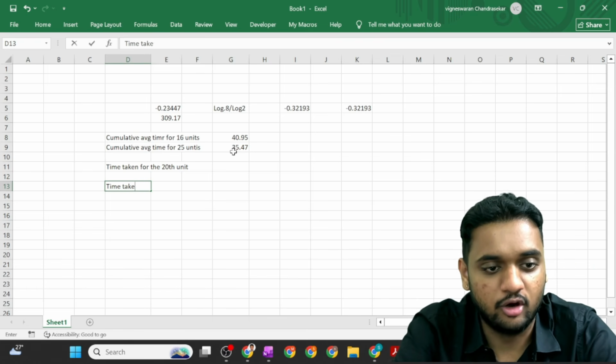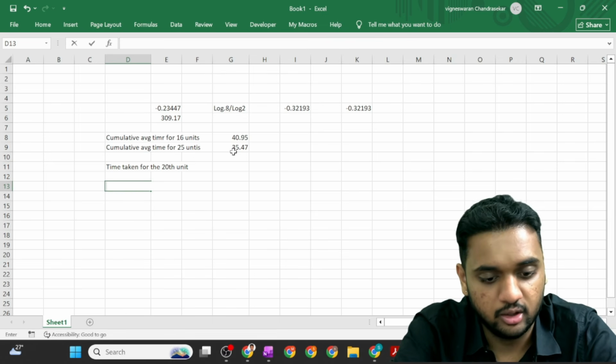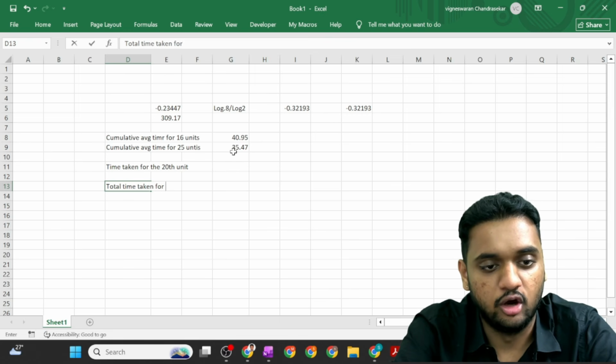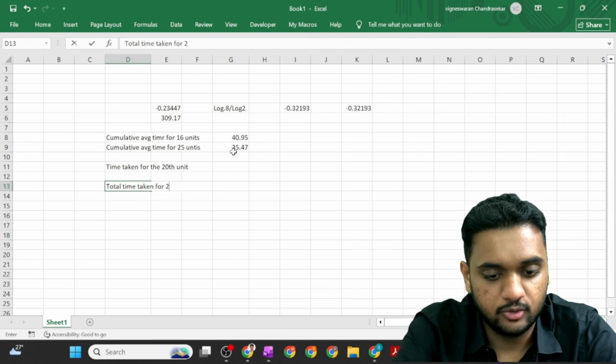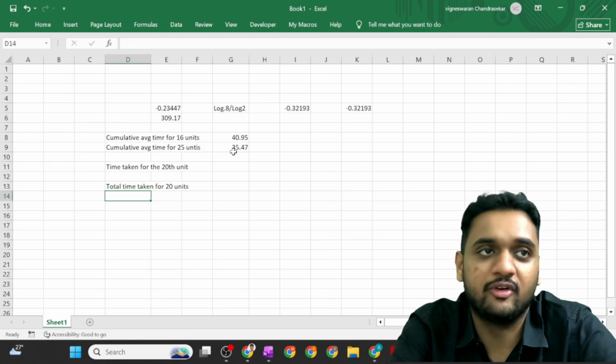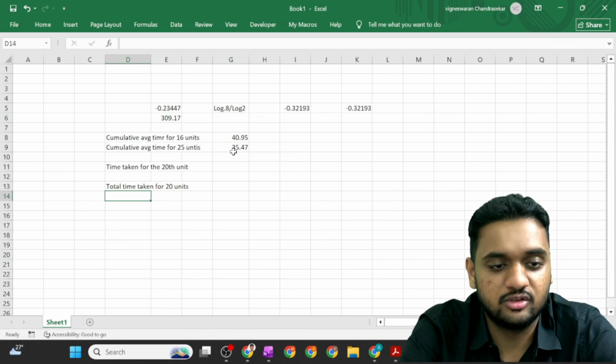To find the total time, put it clearly. What is the total time taken for 20 units? For that, first we have to find the cumulative average time for 20 units.